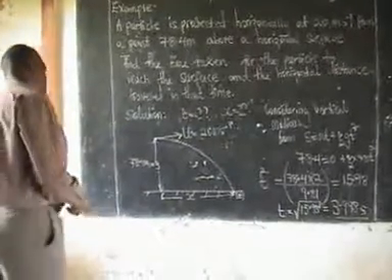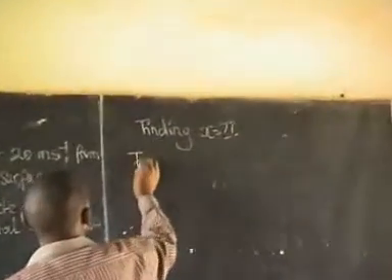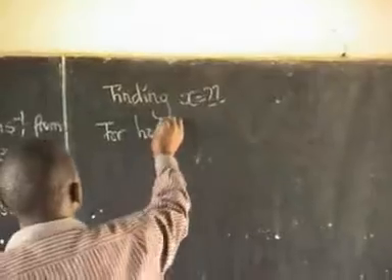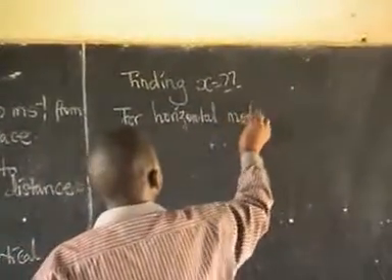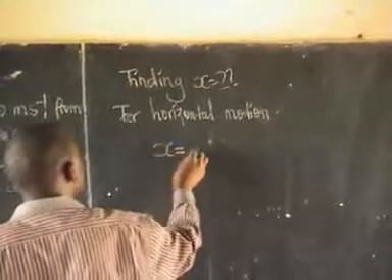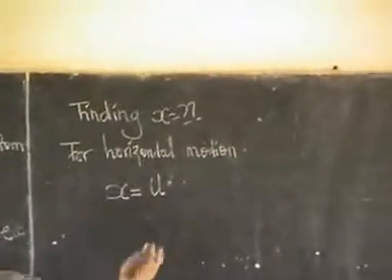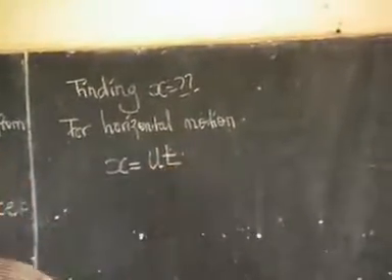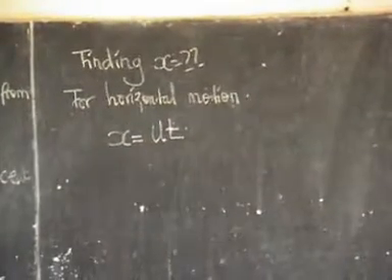Then the horizontal displacement. For horizontal motion, we shall have x is equal to ut, where t is now the time taken to cover this horizontal displacement.